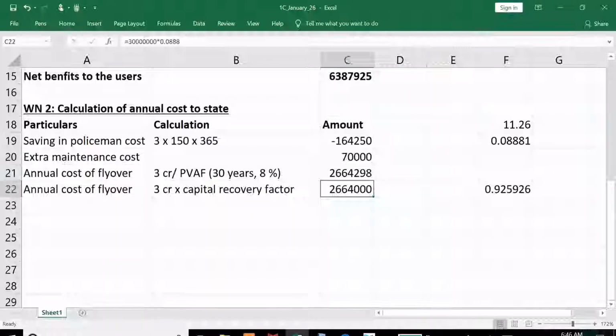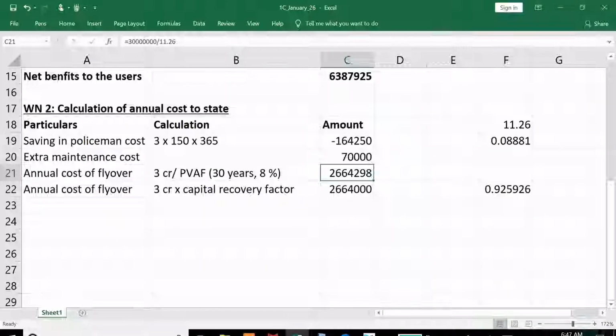Both are the same. It is called the capital recovery factor because it indicates the cost at an every year level. So it's an inverse of your annuity factor. Your annual cost of flyover is one of the two, whichever way you want to call it. I will use the capital recovery factor because that is given in the question.